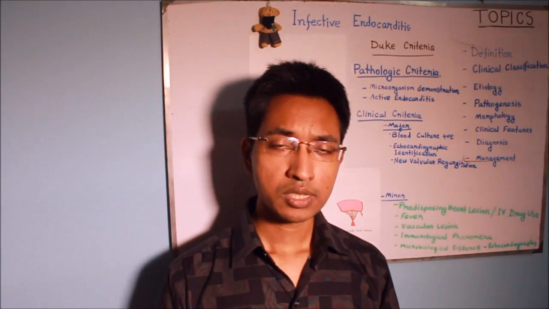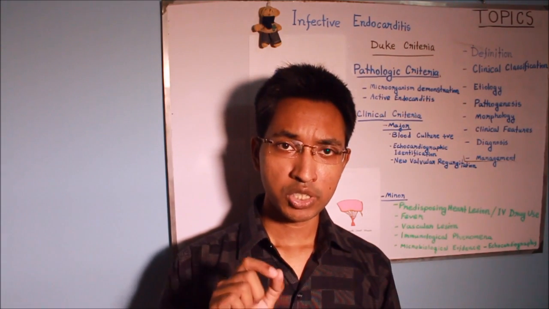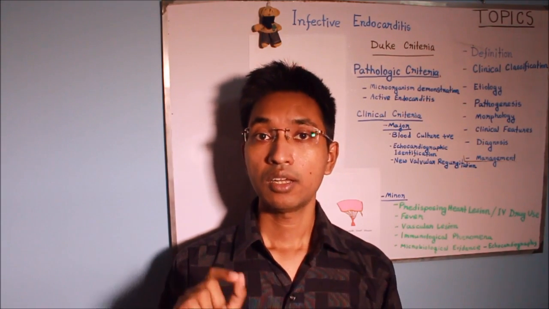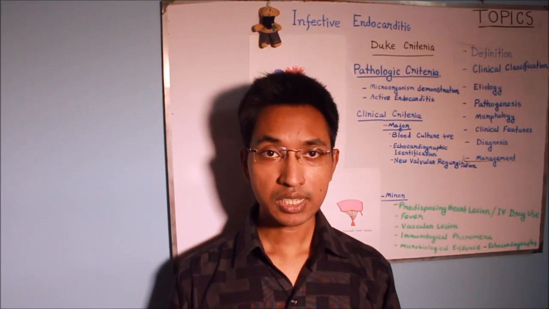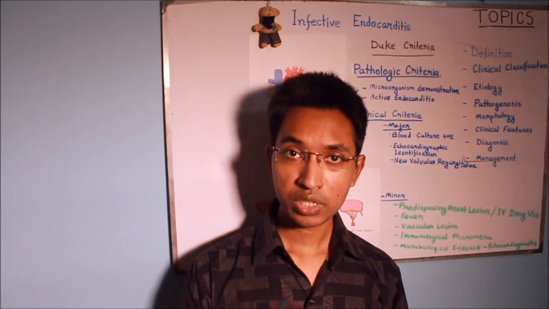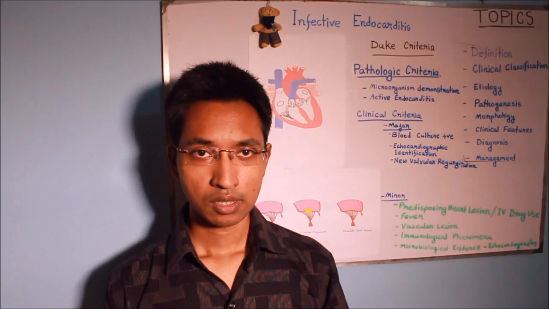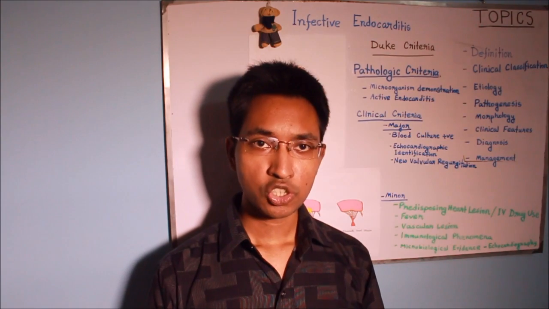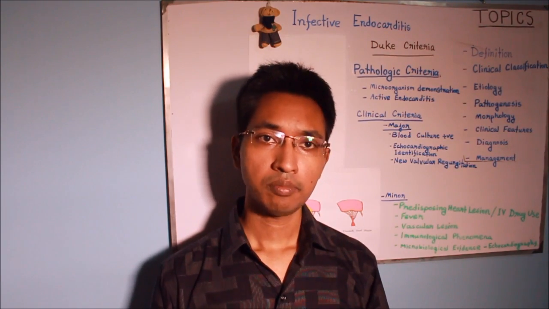Now the size of purpura is between 3 to 10 millimeter, and petechiae are smaller bleeding spots, usually less than 3 millimeter in size. So this is in short about purpura and petechiae.